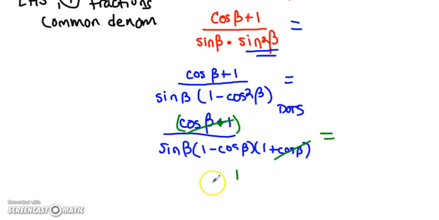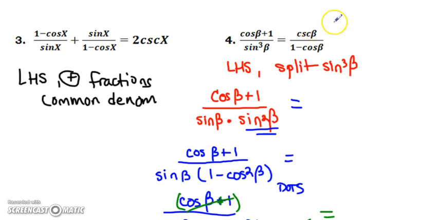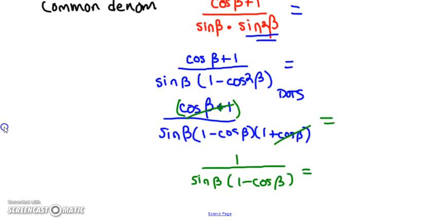So I'm left with nothing in the numerator at the moment, and sine of beta times 1 minus cosine. All right. Well, that's really close to my goal. This is my goal. All I need is something in the numerator, and I need it to be cosecant. Well, visualize this for a minute with me. 1 over sine.